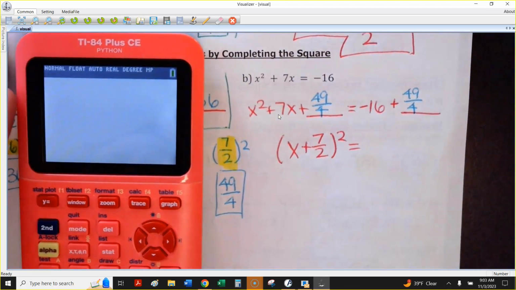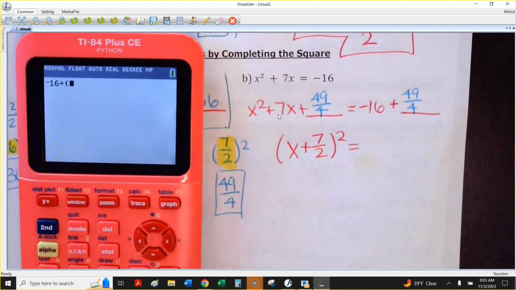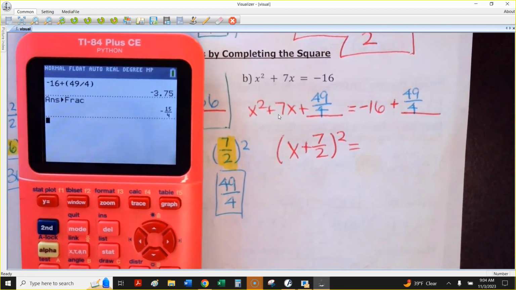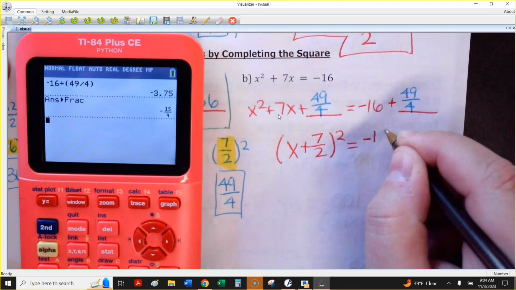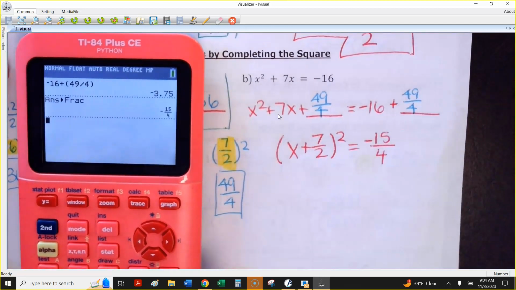I'm going to do negative 16 plus, and then I just use the little parenthesis keys. If you have a scientific calculator, you can use the fraction button if you want to. But I'm going to do 49 over 4, hit equals, and then I'm just going to hit math and enter in that bottom right corner twice, and that'll convert that to a fraction for me in lowest terms. So this would be negative 15 over 4.